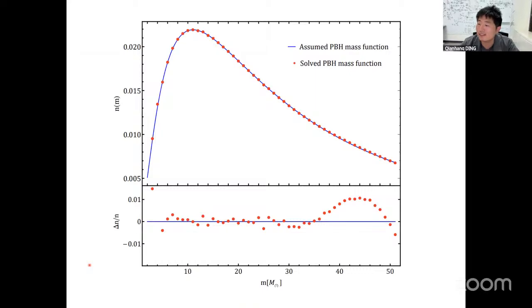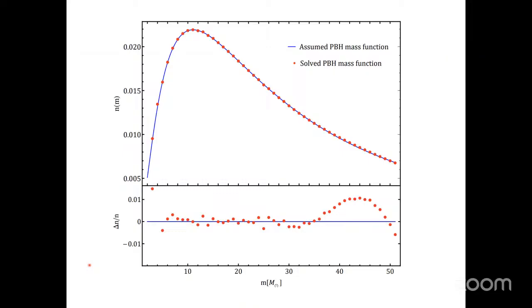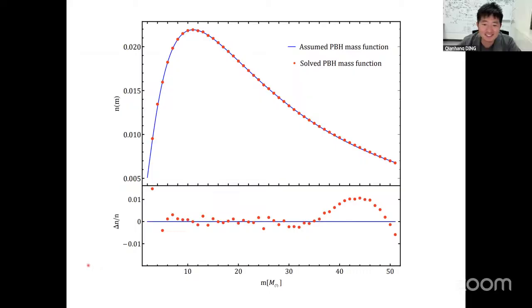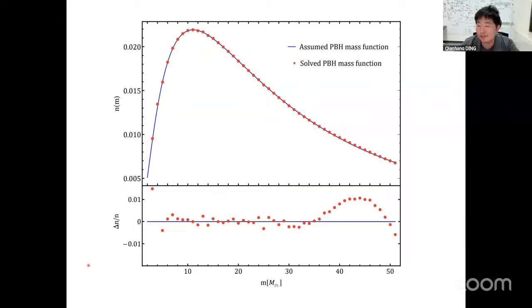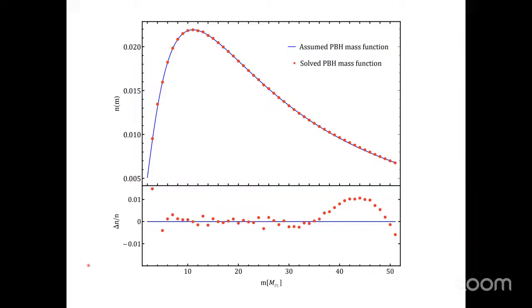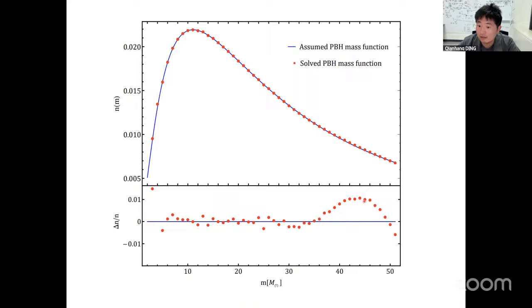I think he's having some issues with his connection. Hello, am I audible? Yes, now I can hear you. I'm very sorry, there seems to be a connection problem. So here, why does it deviate so much at the higher values in the end? I just wanted to know that. You mean this one is a little large, right?